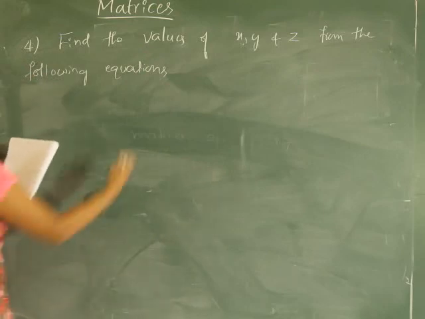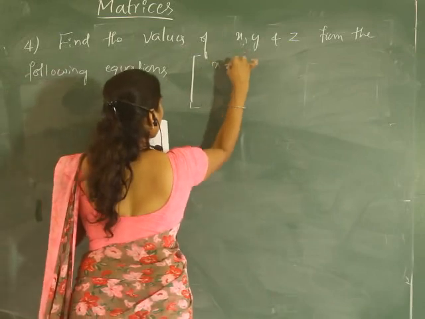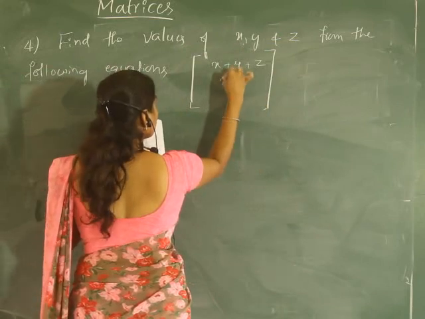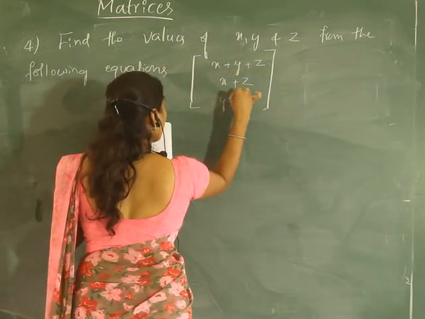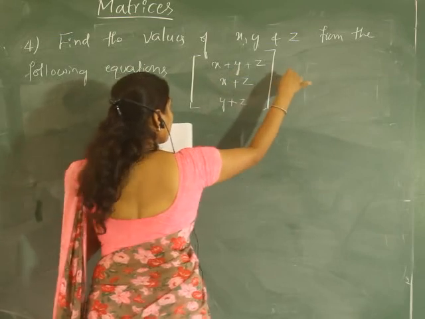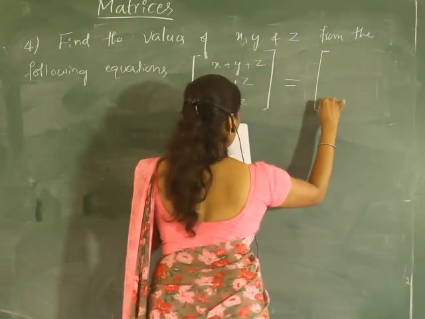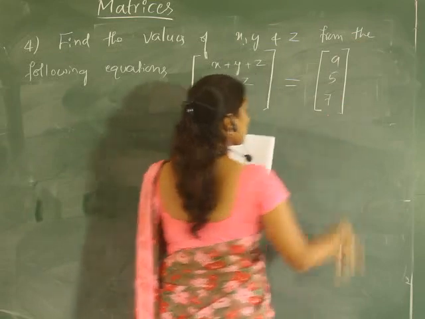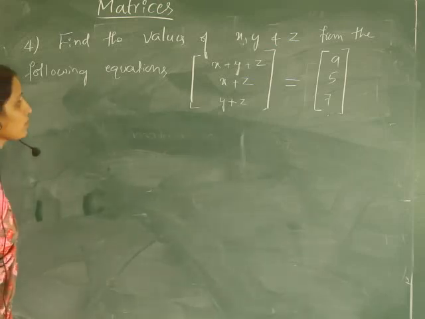So what is that equation? x plus y plus z, x plus z, y plus z is equal to 9, 5 and 7. So we have to calculate the value of x, y and z.